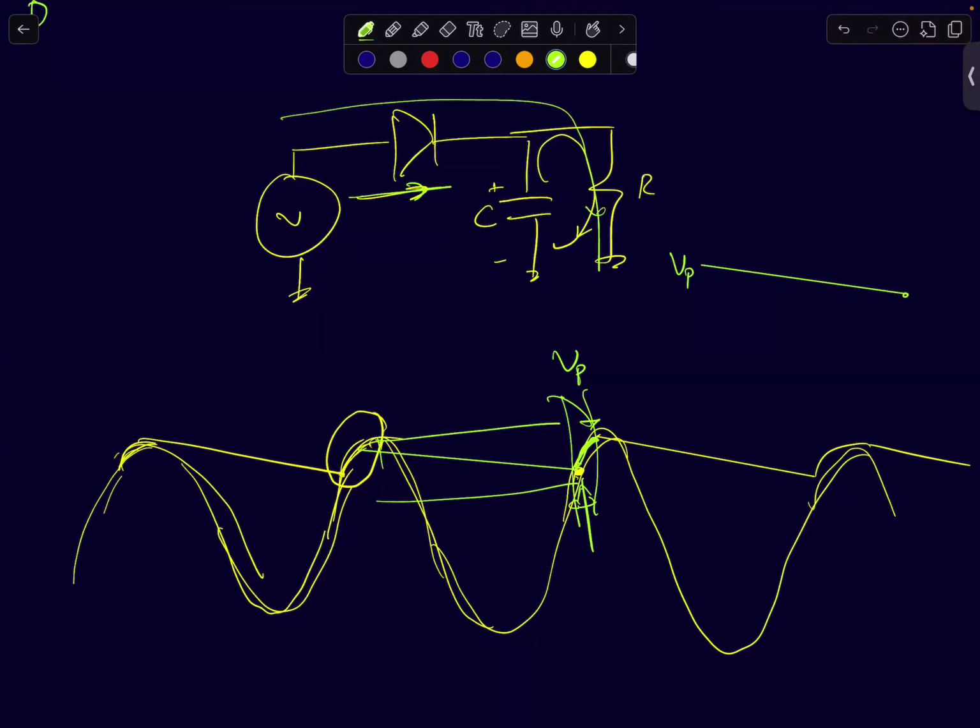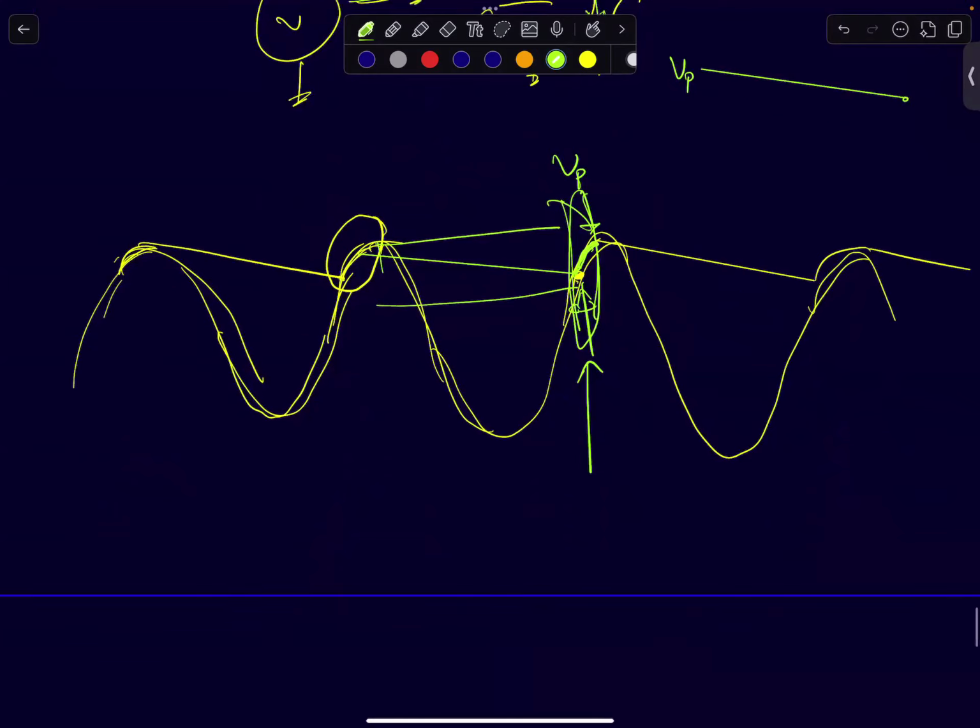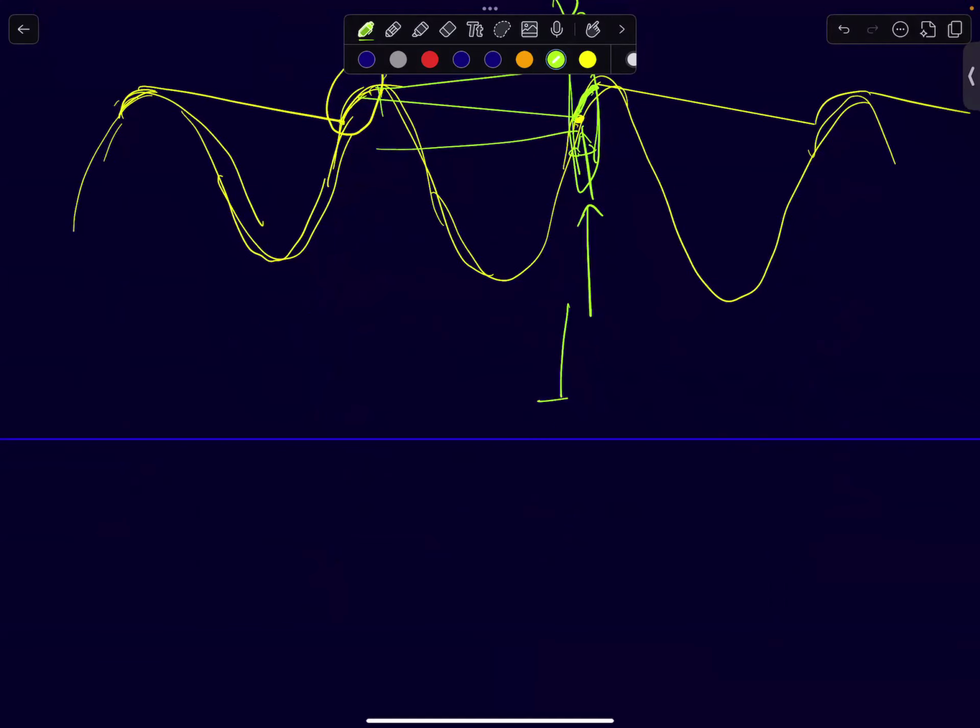But here, what's happening to the capacitor is it's receiving charge in this small duration. In this small duration, a peak current flows through this capacitor. And in the rest of the duration, it is losing some charge. At the instant the diode turns on, the capacitor will offer very low impedance.